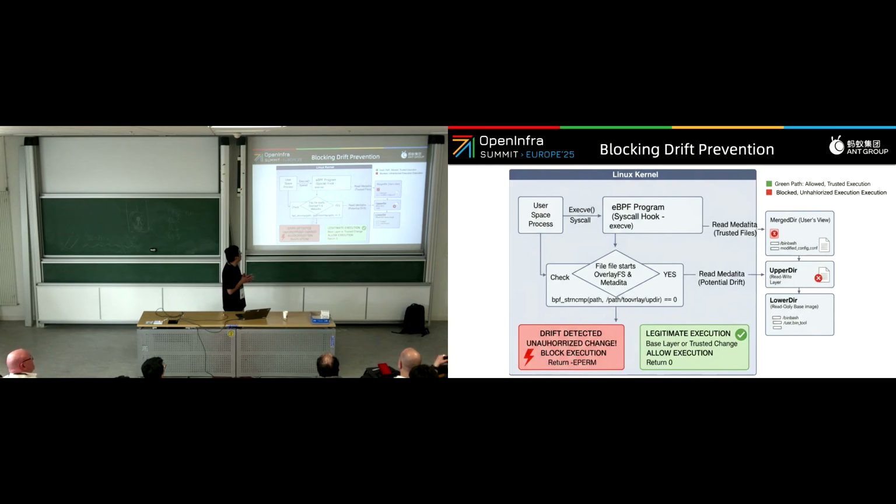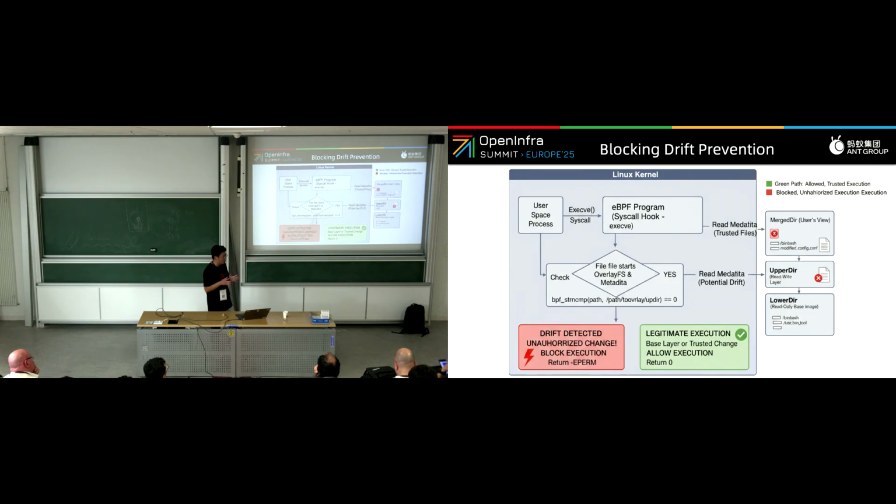As I said before, what is drift prevention? This means that Kata Containers will apply a static scan and will only allow the programs in your container images to run. If you download programs from an online site or from others, they will be prevented from running in a container.